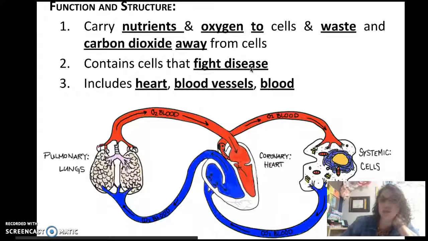So the function and structure of the circulatory system is to carry nutrients and oxygen to cells and waste and carbon dioxide away from cells.